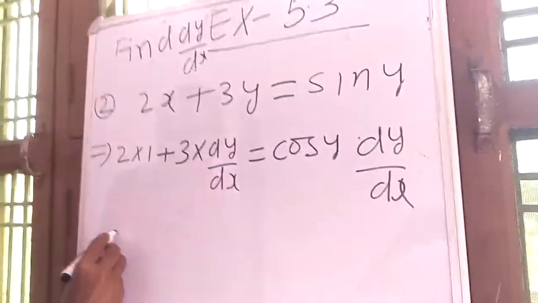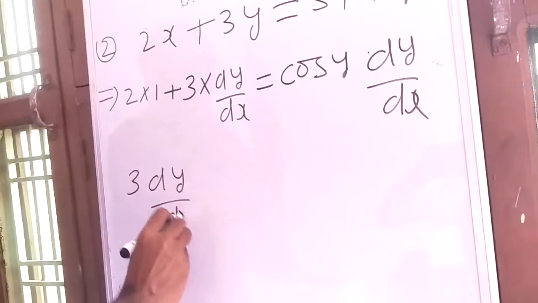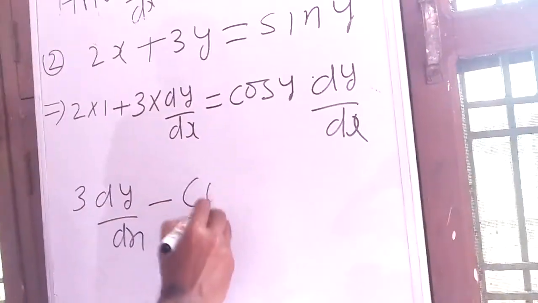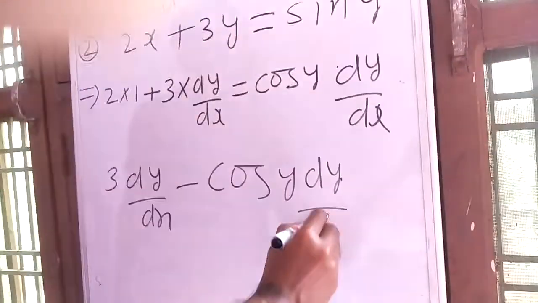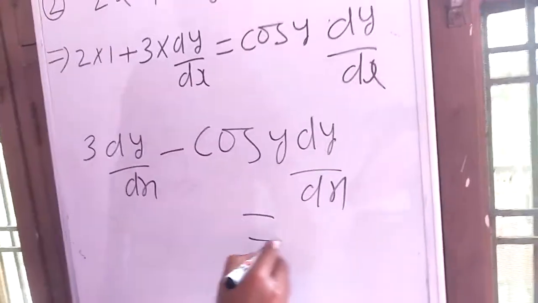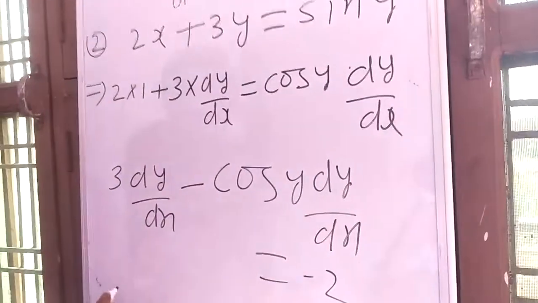So this is 3 dy/dx minus cos y dy/dx on the LHS, and this is minus 2 on the RHS, and we have to take dy/dx common.